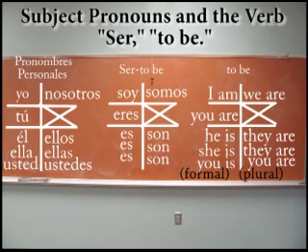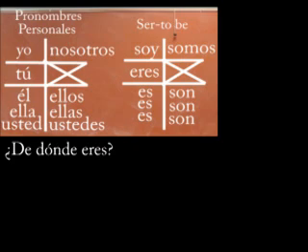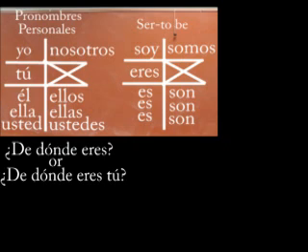Notice that the verb to be in its English form changes almost as much as it does in Spanish, depending on the subject used. In Spanish, the verb form itself indicates who the subject is. So, subject pronouns may or may not be used with the verb.